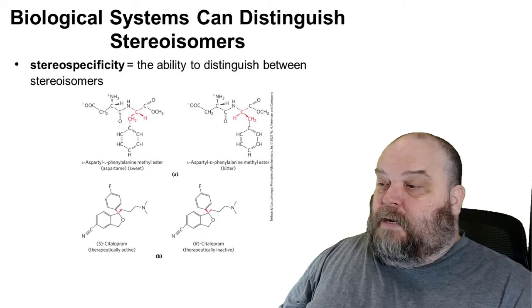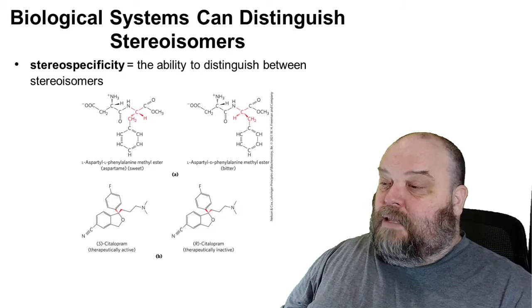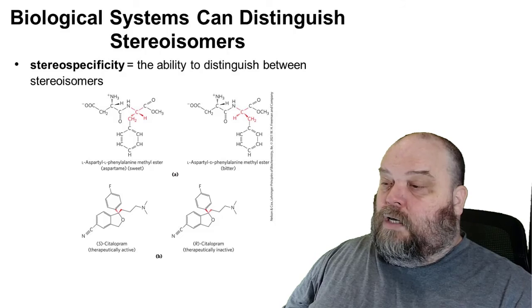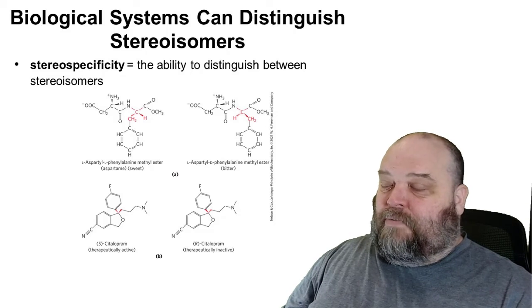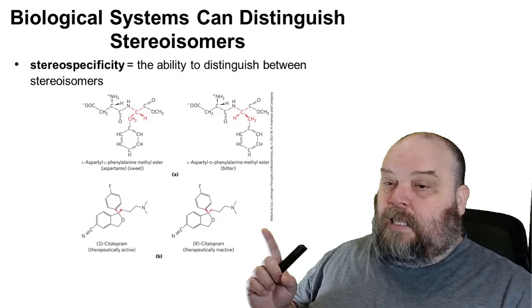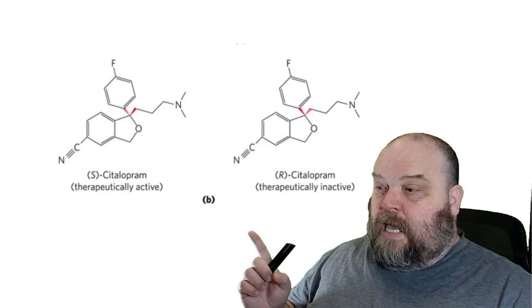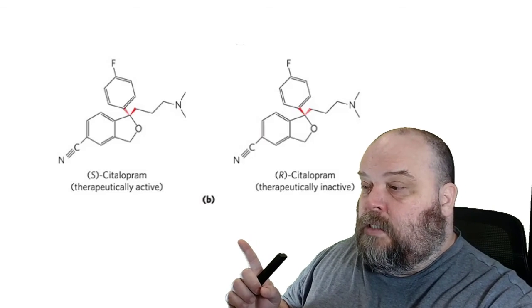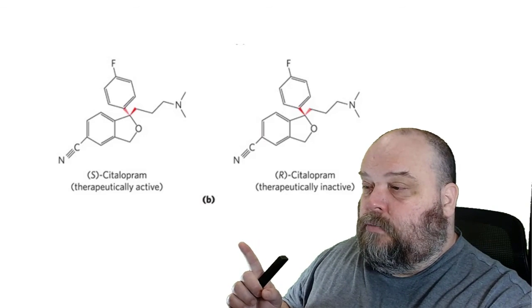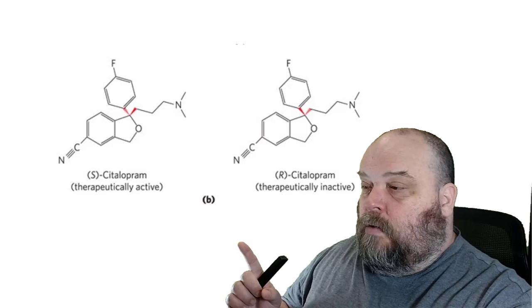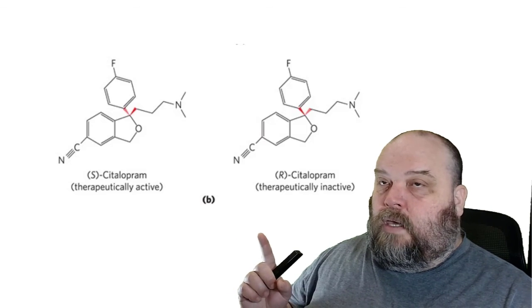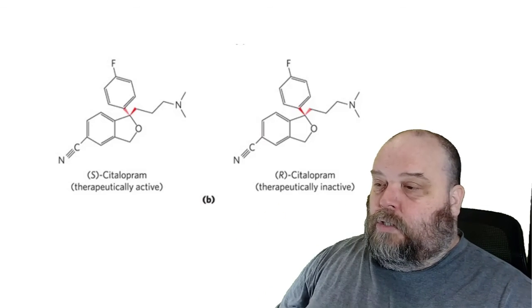You look on the bottom there. S-citalopram, R-citalopram. One works, the other doesn't. And you have to look really closely there. What's the difference? Well, solid wedge to the left there, the S. Where's the jagged wedge?